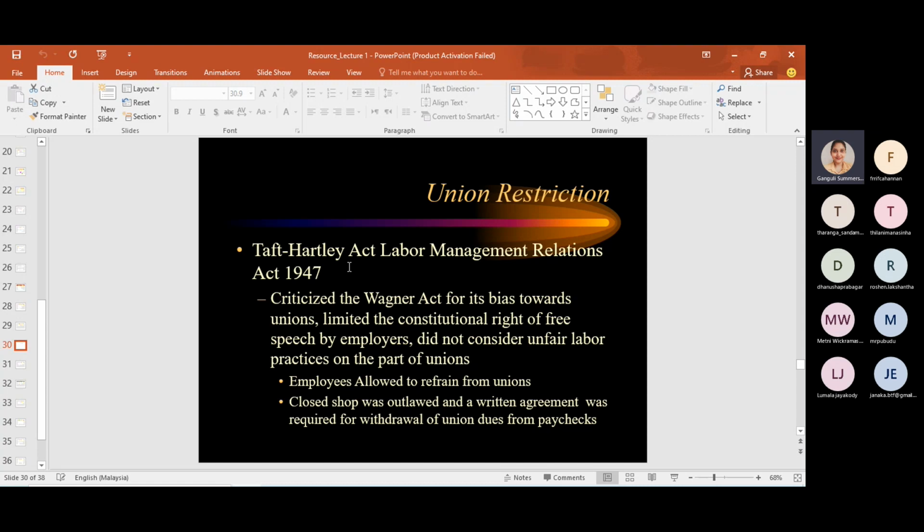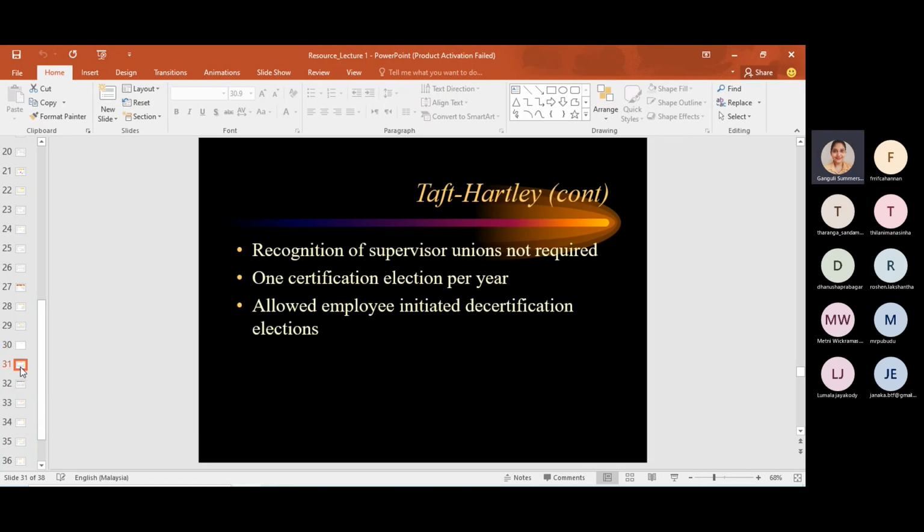So the Taft-Hartley Act is basically an act which criticized the Wagner Act for being biased towards unions, and it also limited the right of free speech by employers. So these are also some points mentioned in the Taft-Hartley Act.